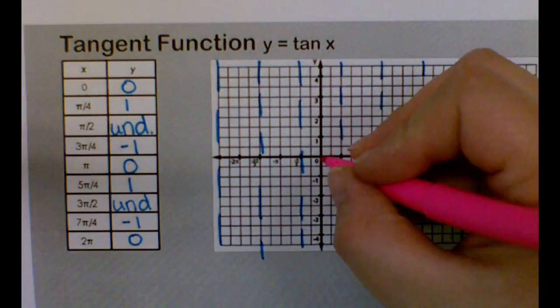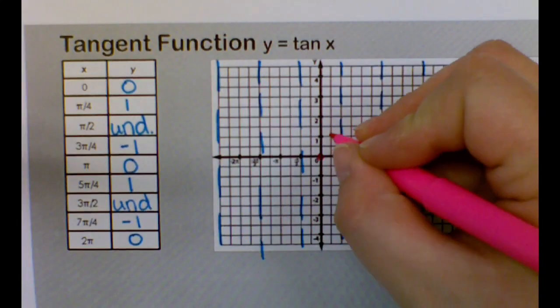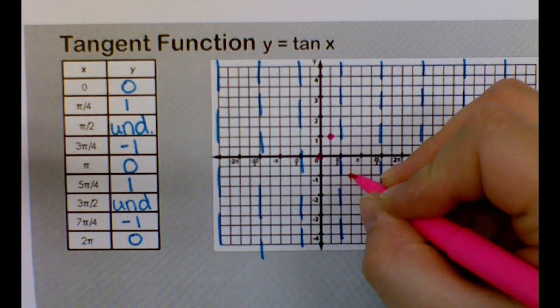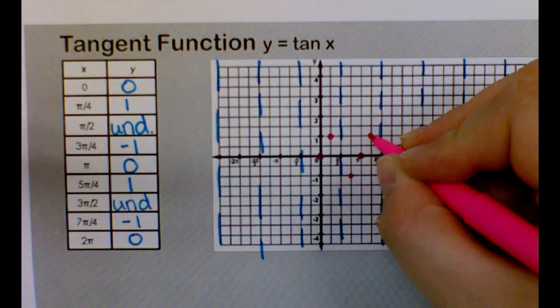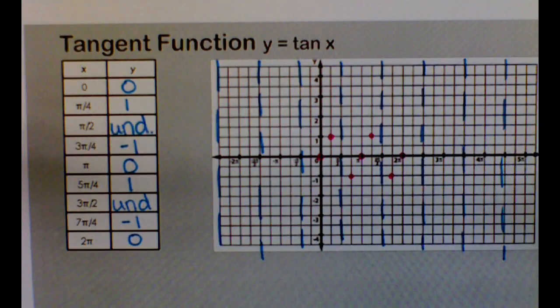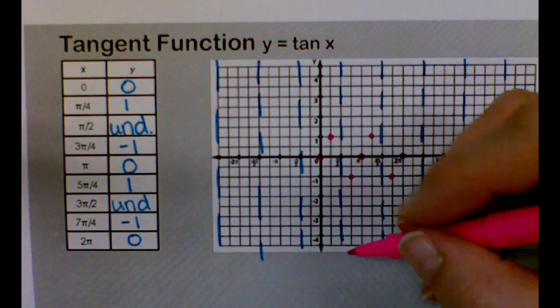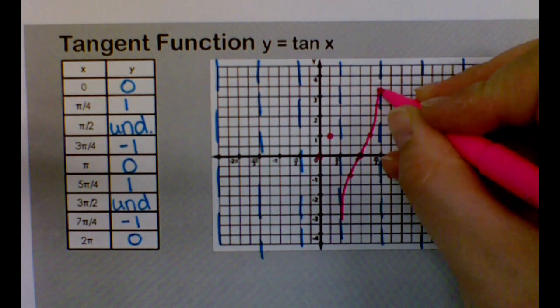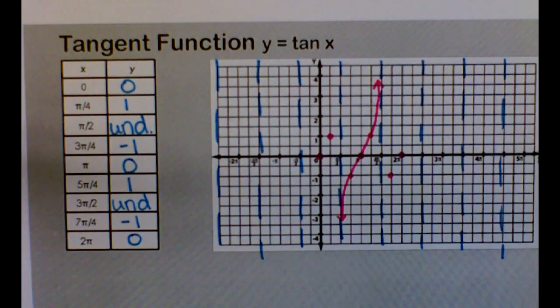So my points are 0, 0, pi over 4, 1. And then 3 pi over 4, negative 1, 0, 1, negative 1, 0. It's hard to kind of tell this one, but you can tell it in this middle section here. It starts by the asymptote, does a squiggle, and then goes up by the asymptote forever.